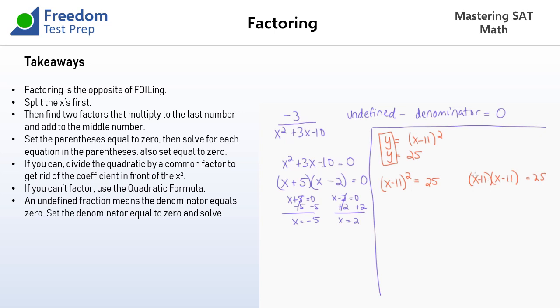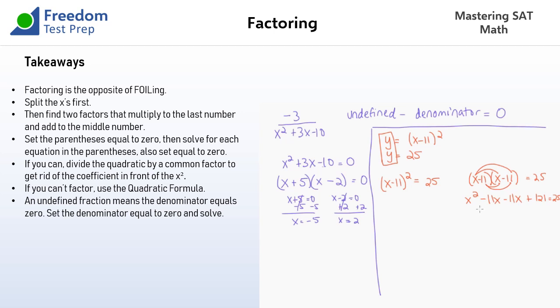So first we have to FOIL and then we'll factor. All right, so we've got x times x is x squared. X times negative 11 is negative 11x. Negative 11 times x is another negative 11x. And negative 11 times negative 11 is positive 121, and it equals 25.